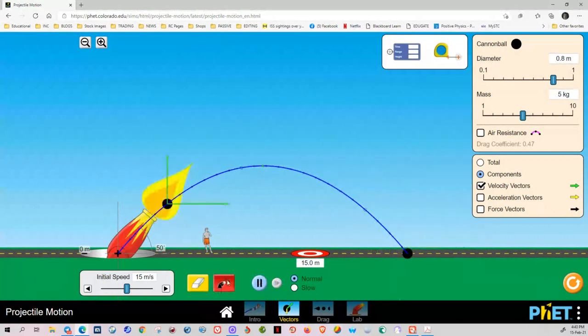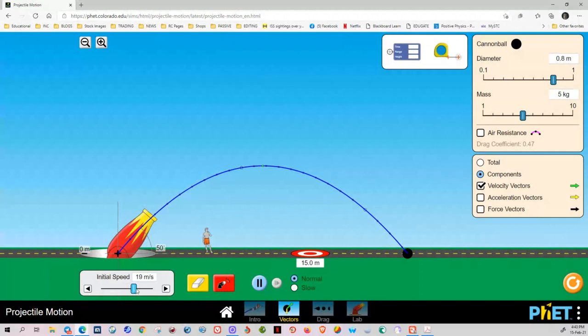So as you can see, there are two components of the velocity in projectile motion, the x component and the y component. And these two do not affect each other. How do we know that?